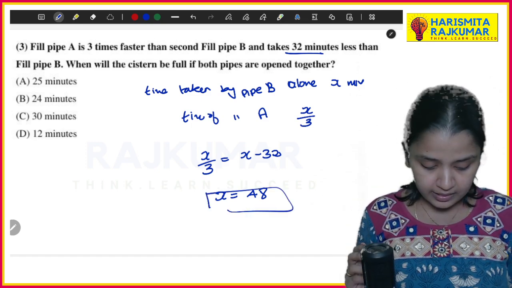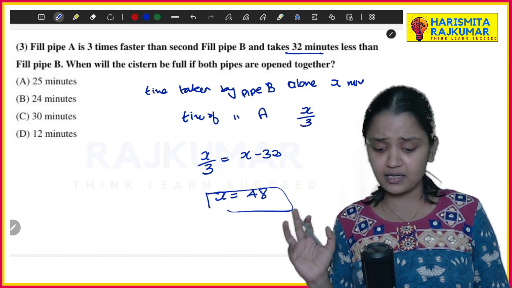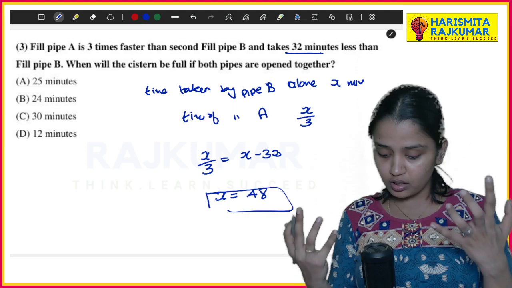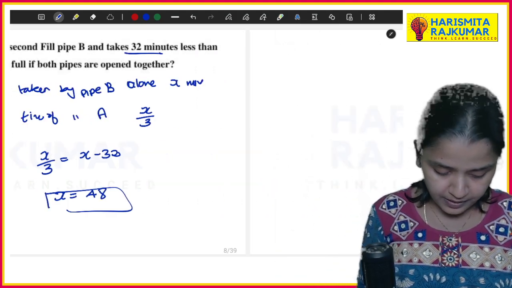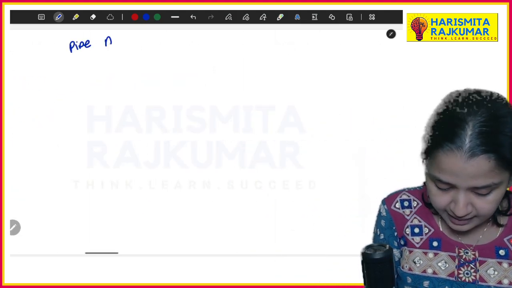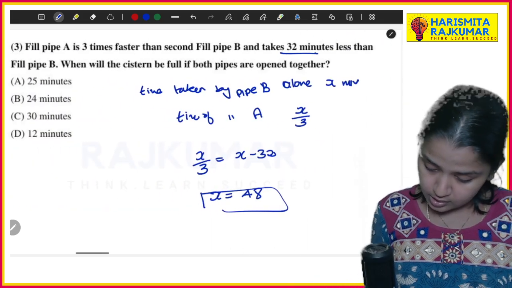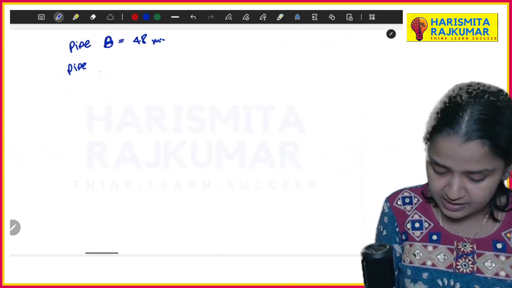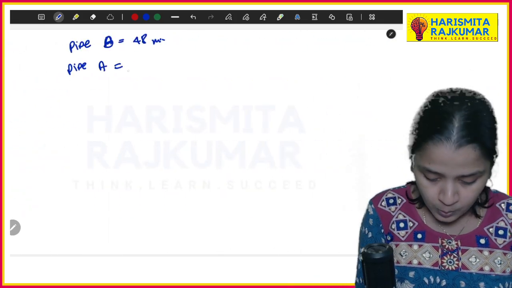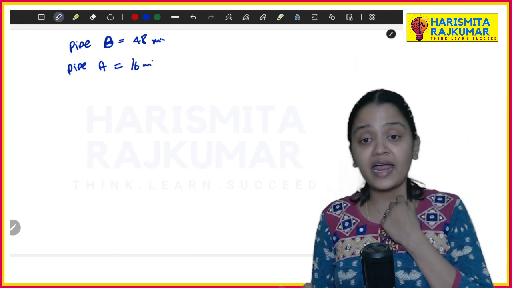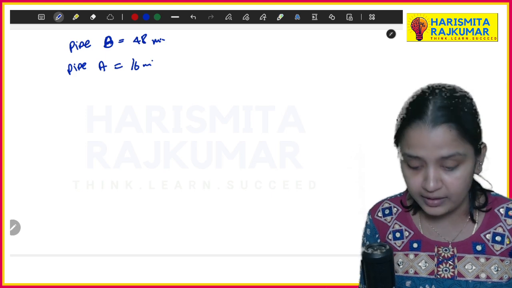Now when will the cistern be full? I know the time for pipe A and pipe B. Pipe B time is 48 minutes, and pipe A time is divided by 3, which is 16 minutes. What is the rate of filling?